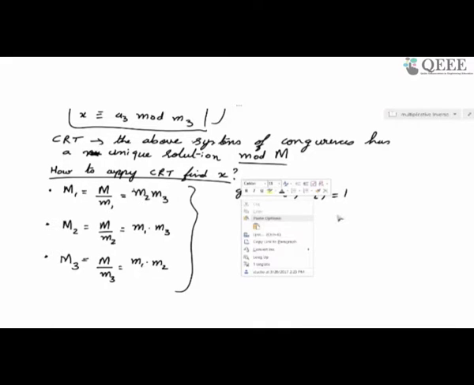Now since the GCD of Mi and small mi is equal to 1, these two are coprime, and therefore capital Mi has a multiplicative inverse modulo small mi.